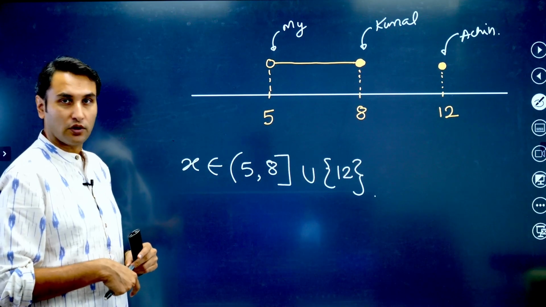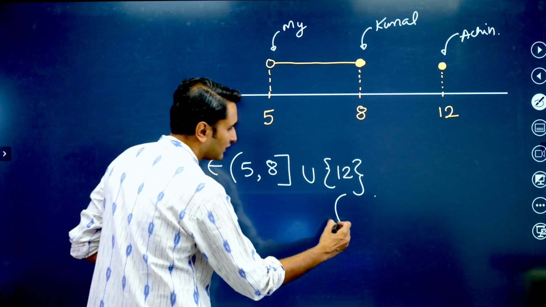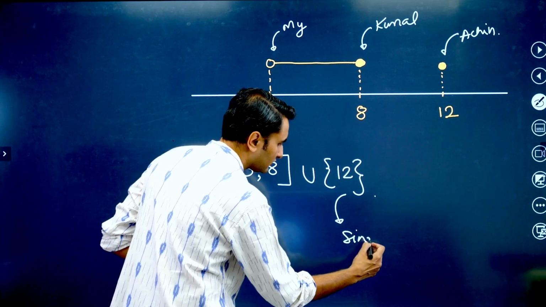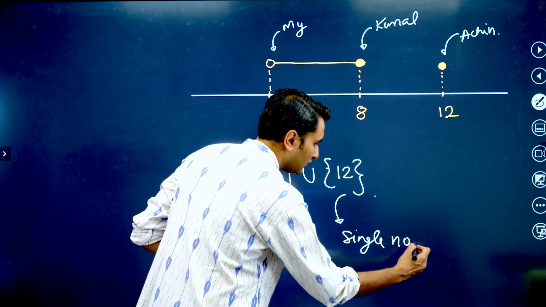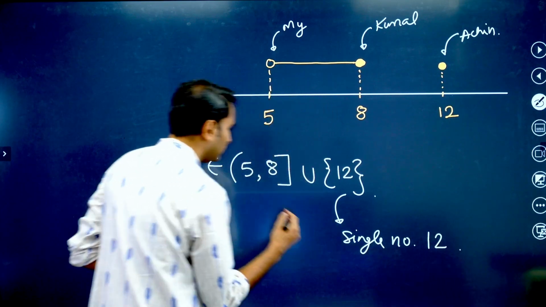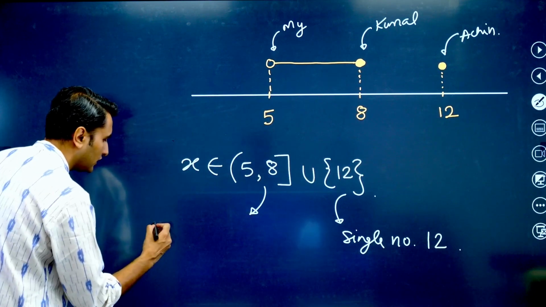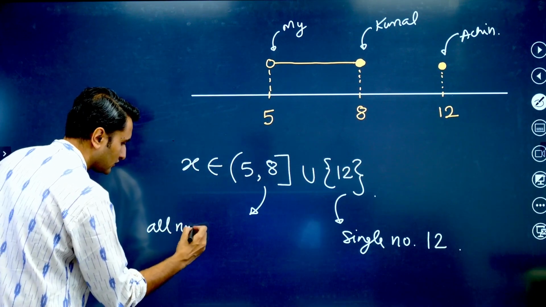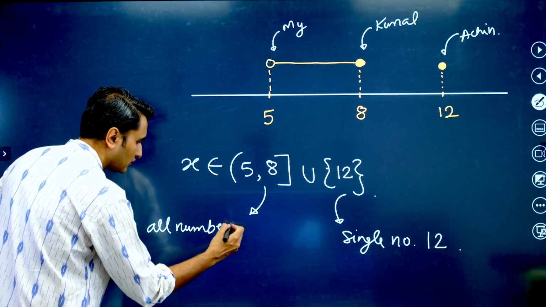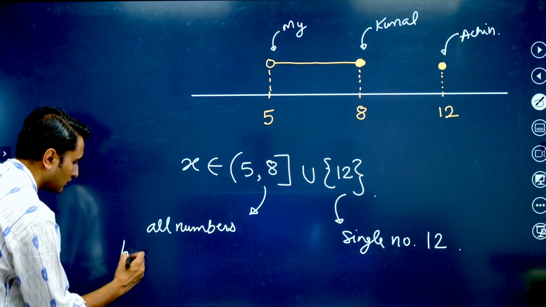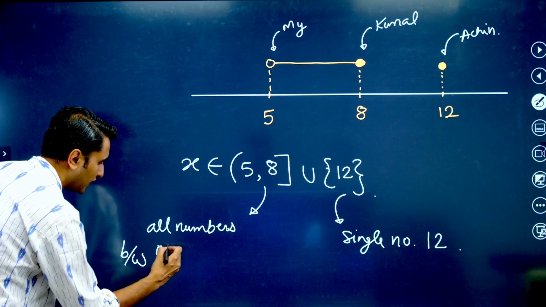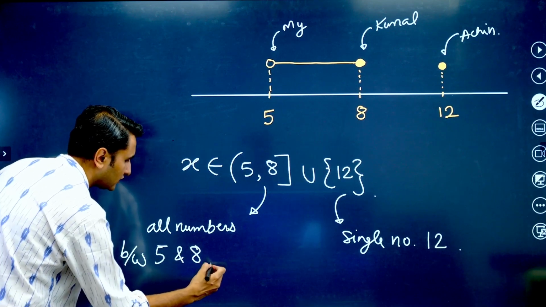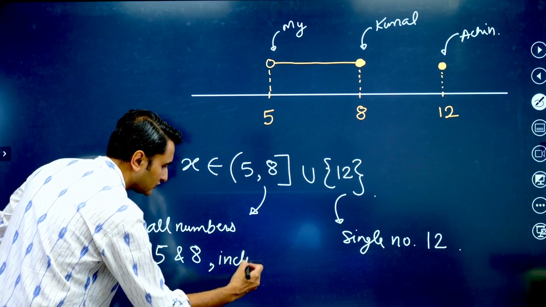Right? Got it? So this is the single number 12, and this is all numbers between 5 and 8, including 8.